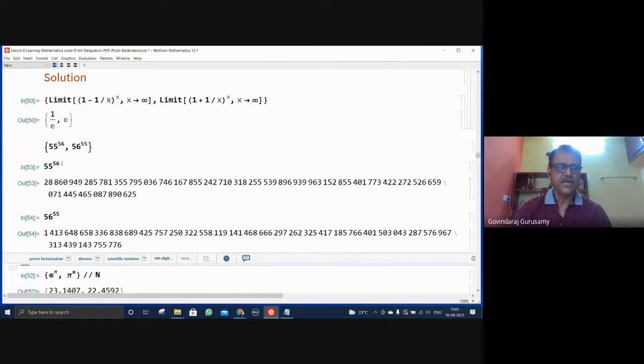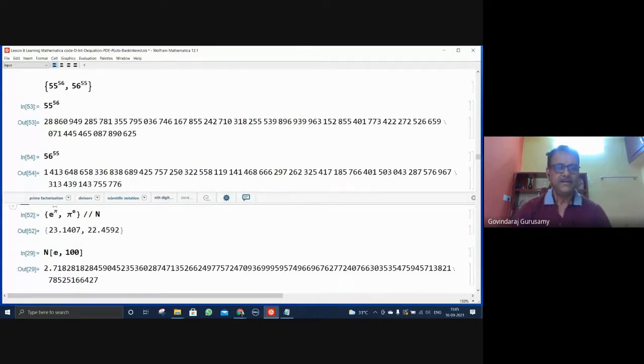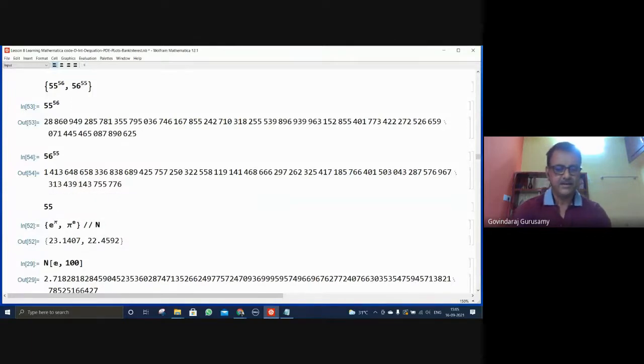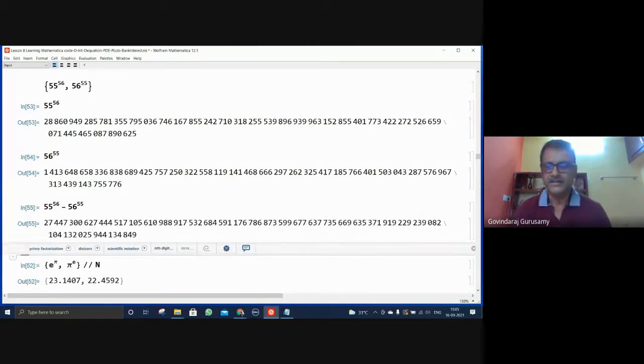So now what I can do is take the number here, 55 power 56 minus 56 power 55. Search for the negative, the difference between them. This is the difference. A huge difference between these two numbers.